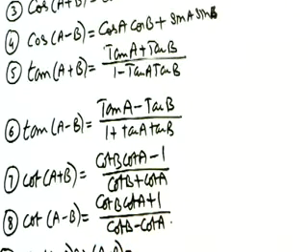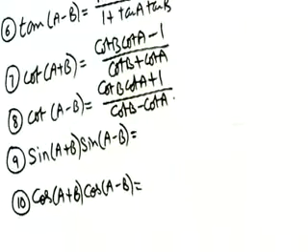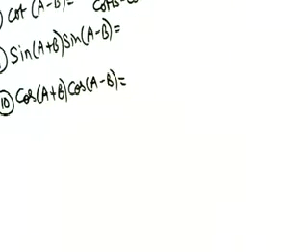Lastly, now two formulas are there for multiplication. One is sin A plus B into sin A minus B, and the other is cos A plus B into cos A minus B. For sin A plus B into sin A minus B, we have two formulas.